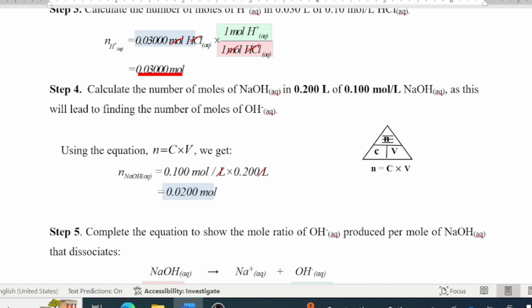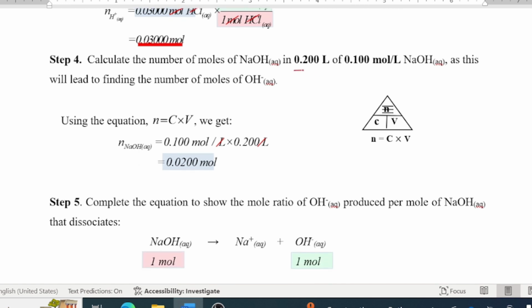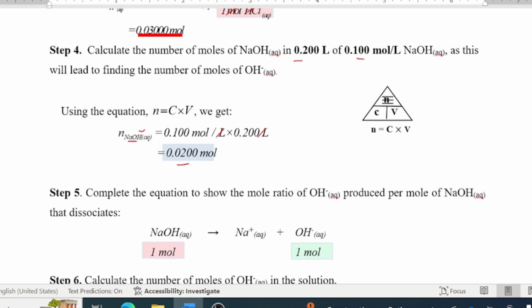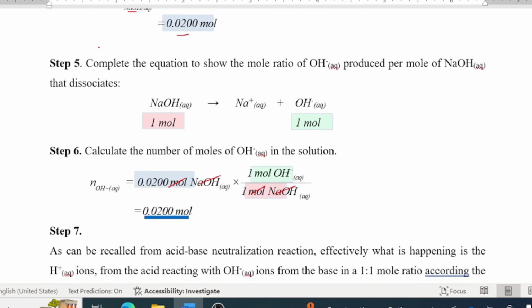That's the volume, that's the concentration, and multiplying C times V, we get that for sodium hydroxide. Then you do your mole ratio for ionization, 1 mole to 1 mole. You take the number of moles of the parent compound and multiply by the mole ratio, 1-to-1, and we get that number of moles of hydroxyl ions.